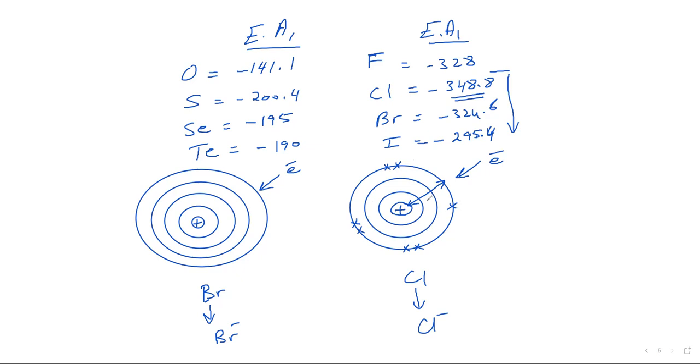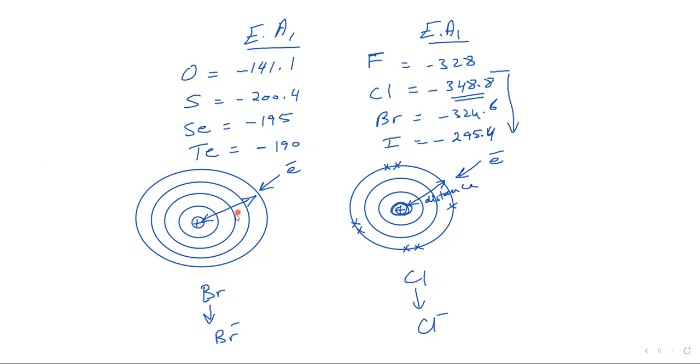Since the distance between the outer shell at which the electron is going to enter and the nucleus is smaller, the attraction force between the positive nuclear charge and this electron will be greater than in the case of bromine, because there the distance between the entering electron and the positive nucleus is bigger, and so the attraction force is smaller.